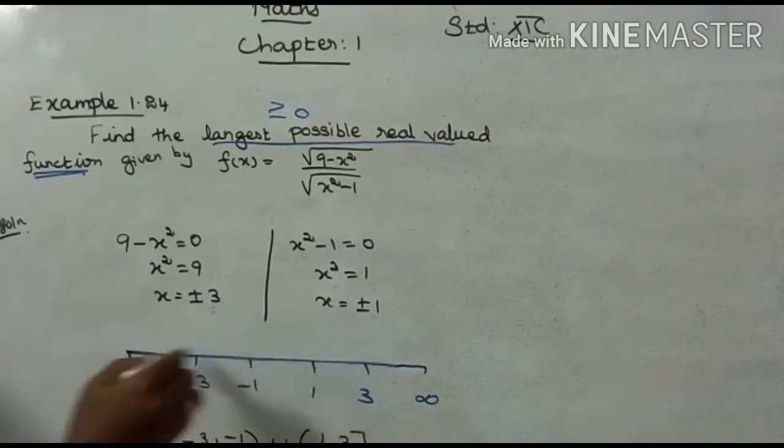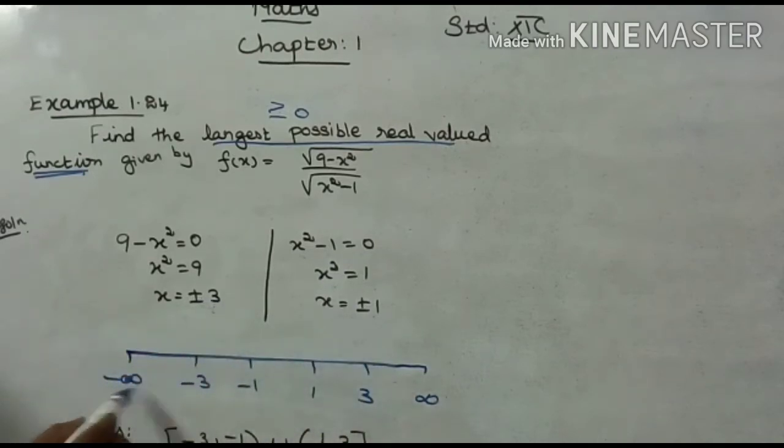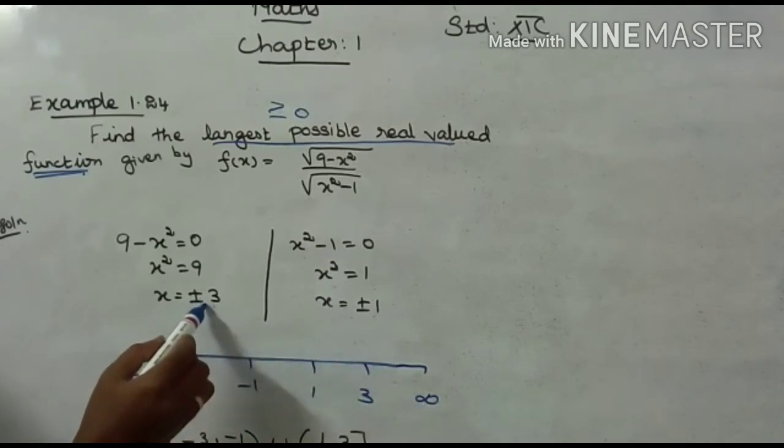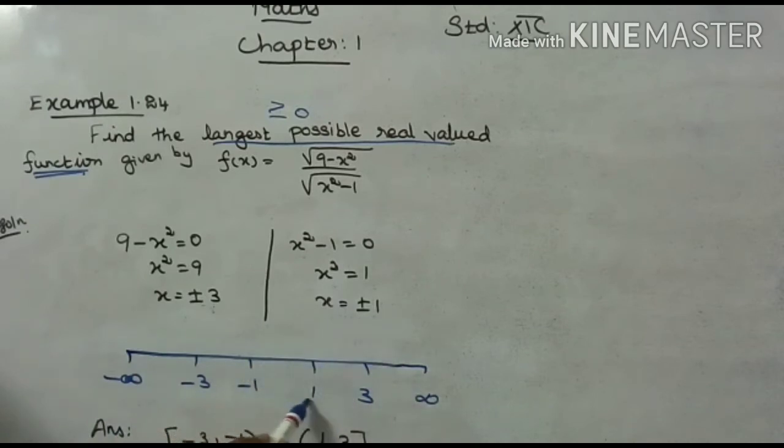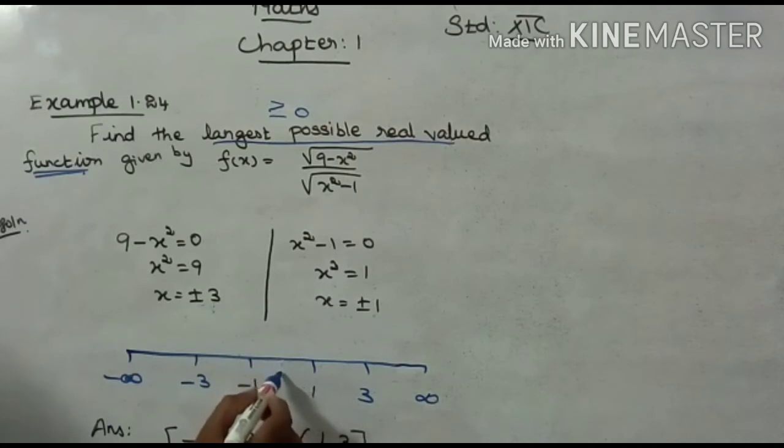Using these critical numbers, find the intervals using the number line. So minus infinity to infinity, and write the positive and negative values: minus 3, minus 1, 1, 3, infinity. And find the largest possible real valued domain from these intervals. Take any one interval, in between minus 1 to 1, take 0.